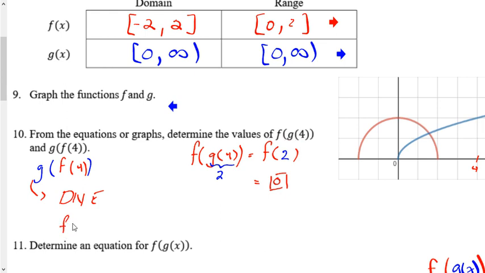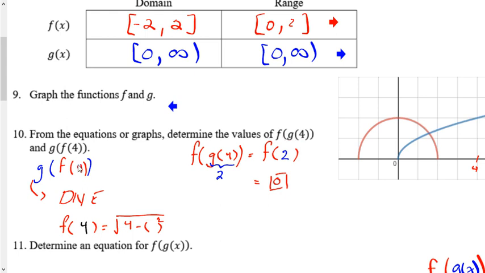It was the square root of 4 minus x squared. 4 minus x squared, but I don't want the x because I'm going to plug in a number there. 4 minus something squared. And the something that I'm plugging in is a 4. So that's this part here.